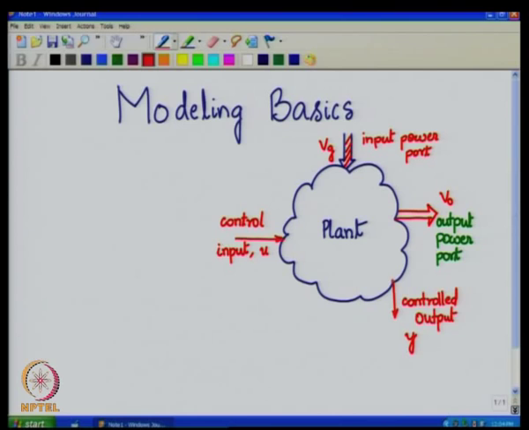Internally this controlled output is generally linked to the actual power output by means of a sensing circuitry.